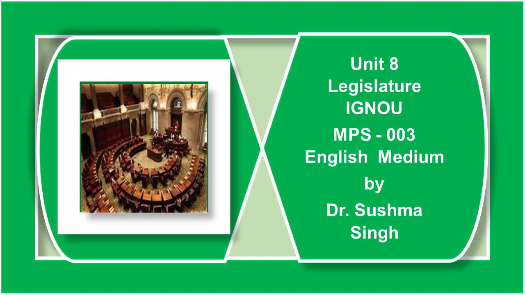If the Speaker authenticates its passing, the bill is sent to the second House, where the entire procedure is repeated. When both Houses of Parliament have passed an identical version of a bill, it is presented by the President for formal assent and becomes law on receiving his assent.